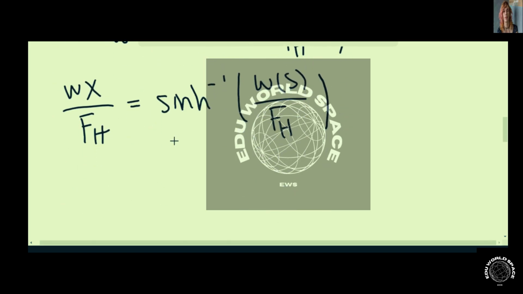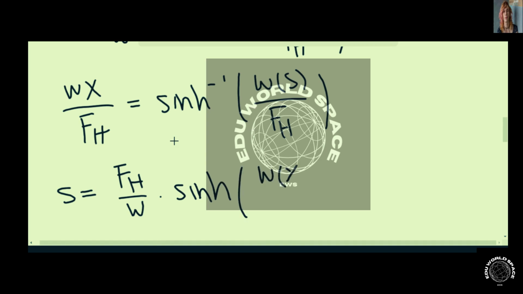And if you take the hyperbolic sine of each side and then multiply by F_h and divide by w, s should equal F_h over w times the hyperbolic sine of w times x all over F_h.